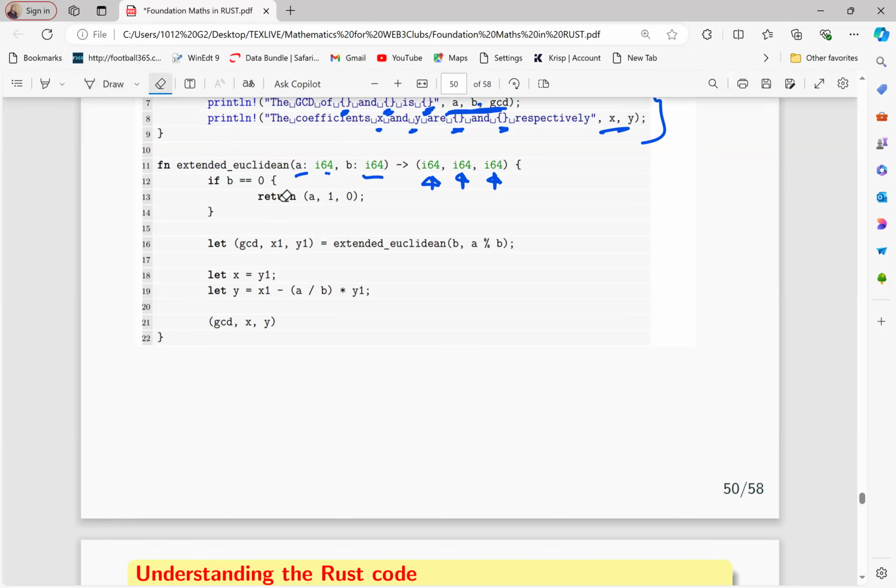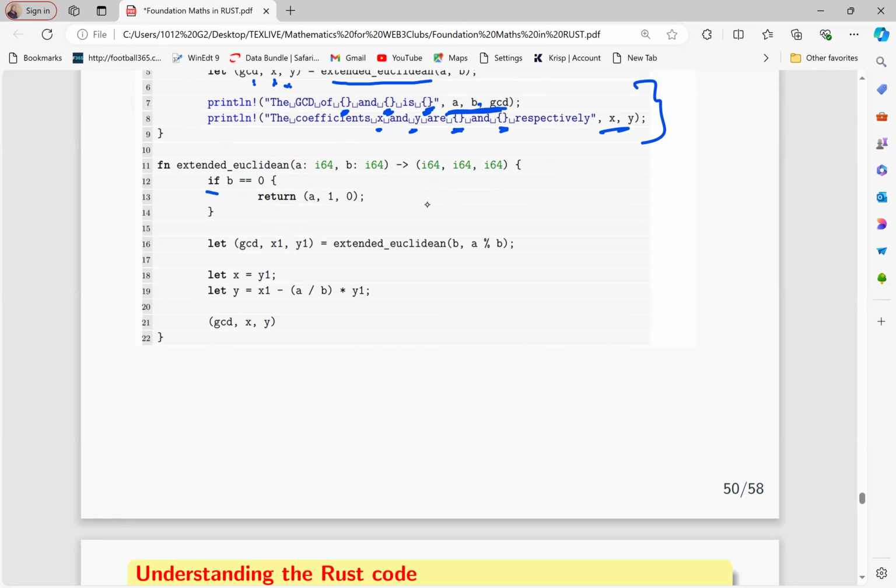I'll explain what this first bit means. Supposing you're given two numbers, A and B, let me say A is 8 and B is 0, and you're asked for the extended Euclidean to find the values X and Y, to find, of course, the GCD of these two numbers, and then write that GCD in terms of the two numbers.